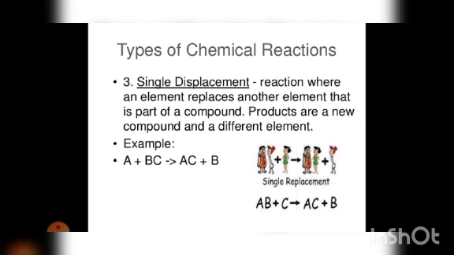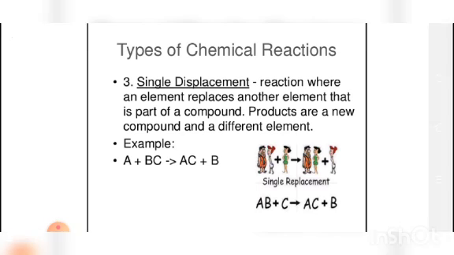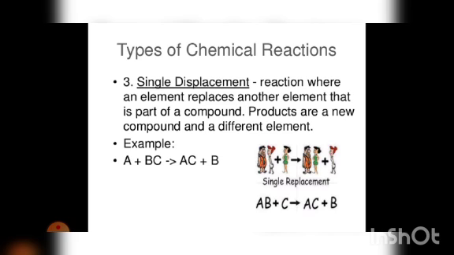Products are a new compound and a different element. So you can see here in the reactants, there is one group and there is one separate element. That element is displacing the other element in the group and forming a new compound. Such type of reaction is called single displacement reaction.